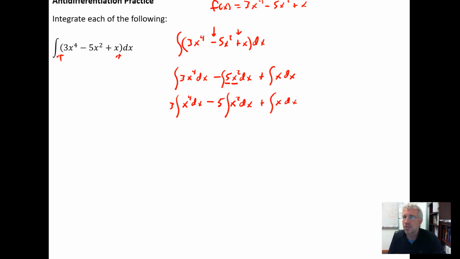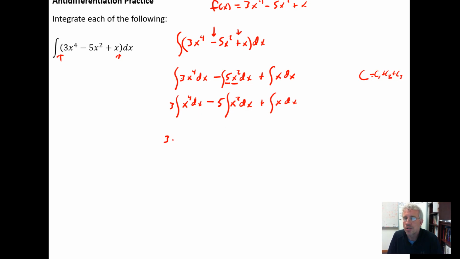Now, each of these integrations generates its own constant of integration, c sub 1, c sub 2, and c sub 3, but we're going to add those three constants together to make a single constant that we'll call c. So integrating again is kind of a matter of guessing a little bit. This is x to the 4th.